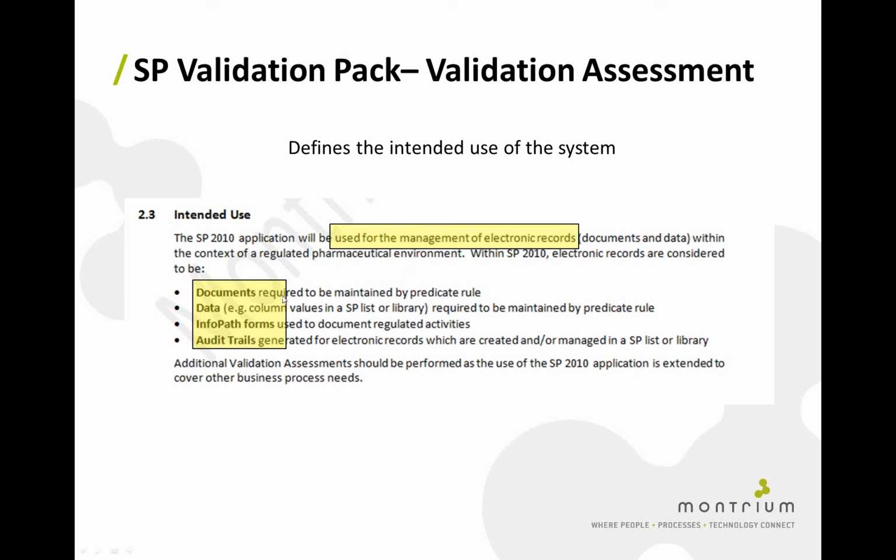We also define what we consider to be electronic records. And so if you remember earlier, we spoke about what could be an electronic record within the context of 21 CFR Part 11 in SharePoint. And here we've clearly outlined it. So documents that are required to be maintained by predicate rule, data that's being required to be maintained by predicate rule, InfoPath forms, which are being used for regulated activities, and then audit trails.